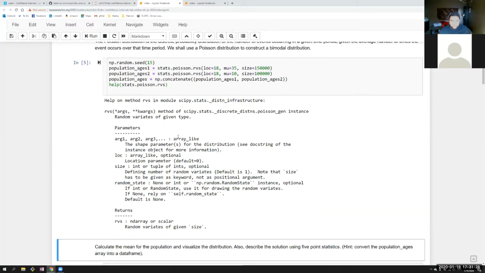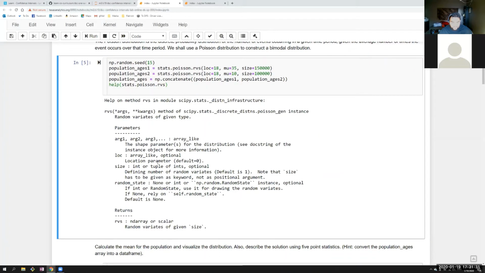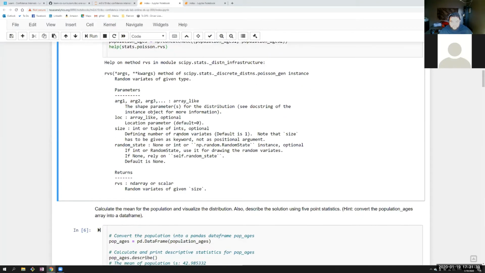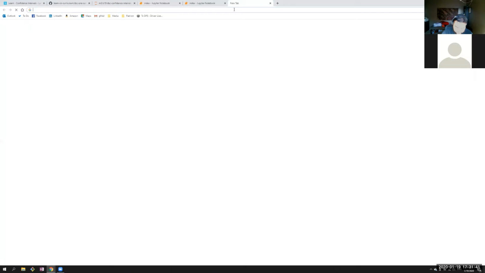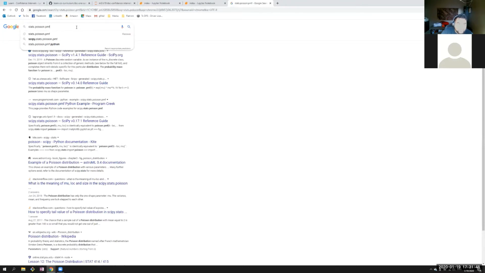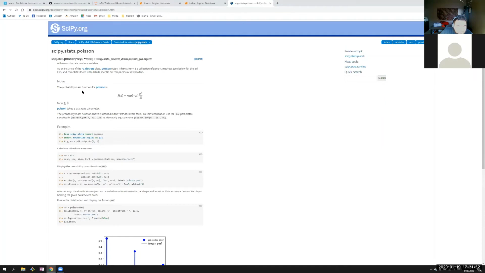Okay, all right. Location parameter. Size. rvs Poisson. Okay, hang on one second. Doesn't say. Okay, use the loc parameter.